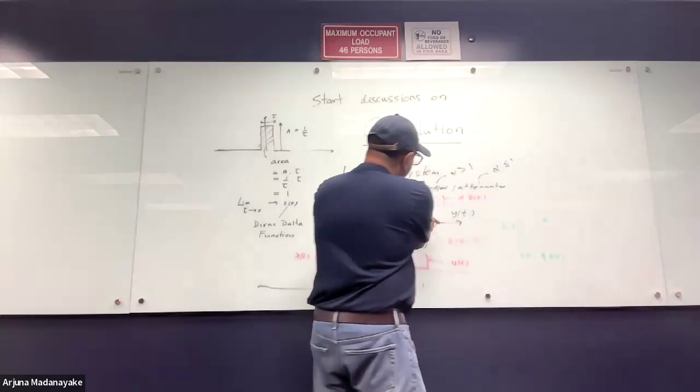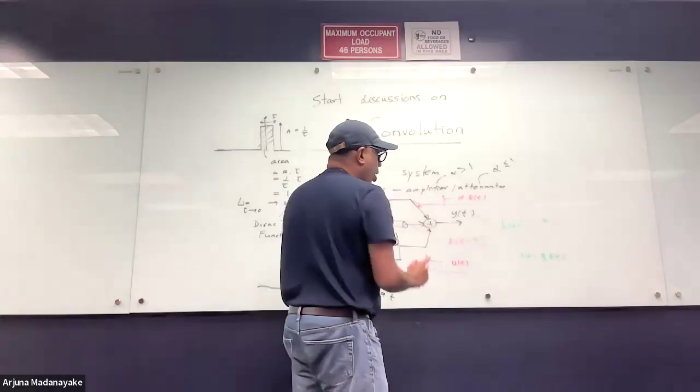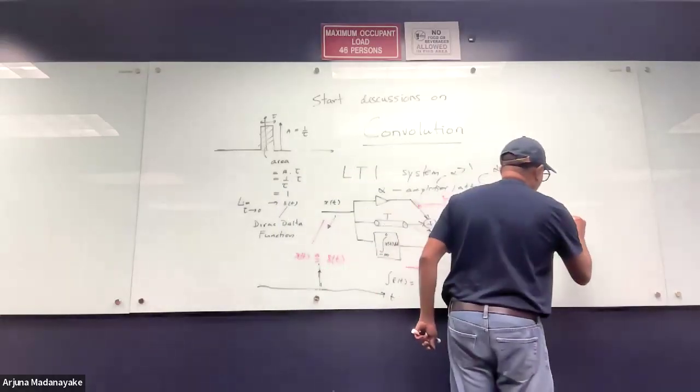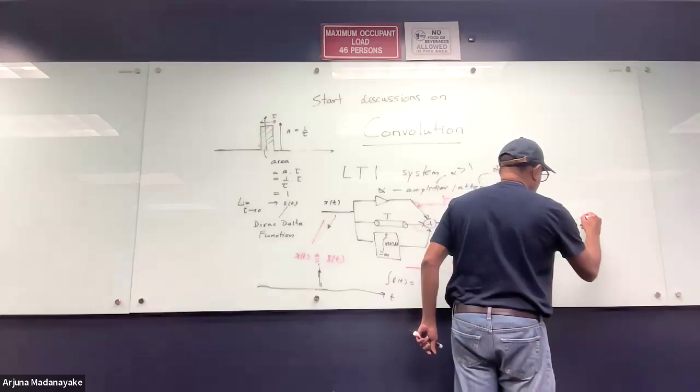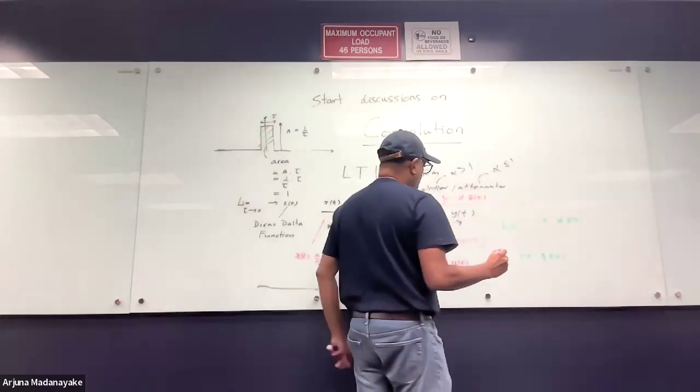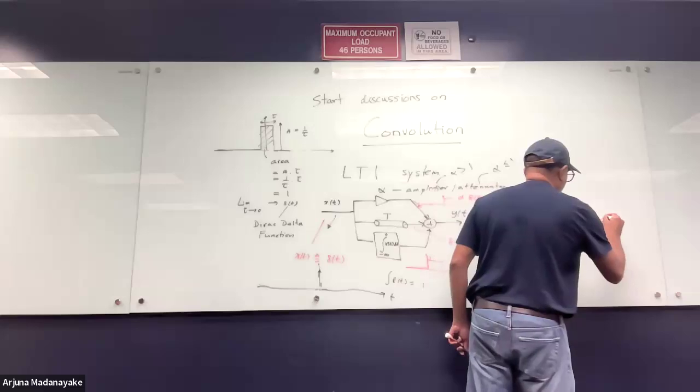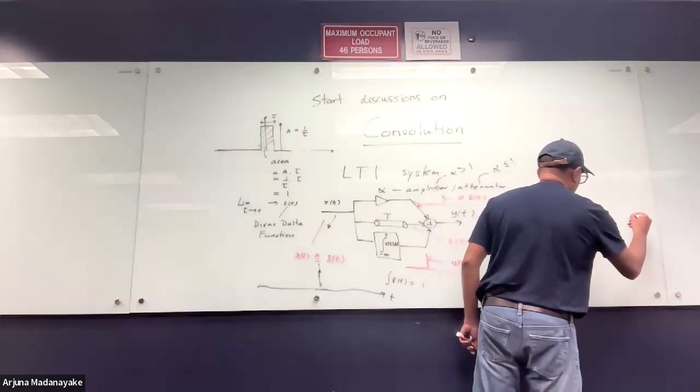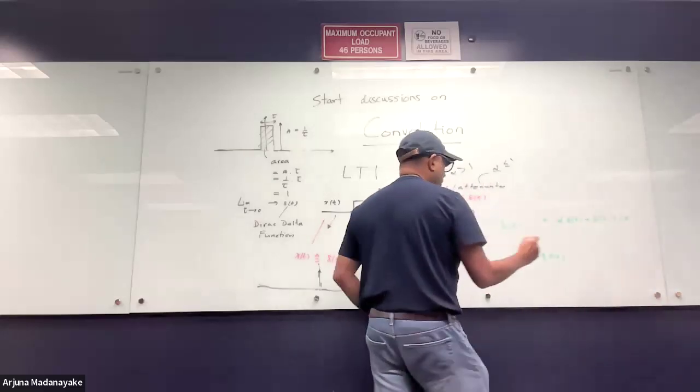Becomes the linear summation of the 3 components that are coming out. The first component is alpha times delta. Second component is delta t minus T. And the third component is u of t.